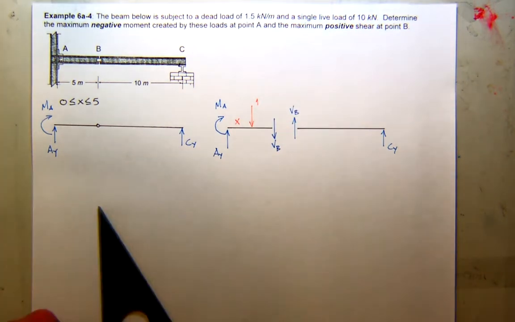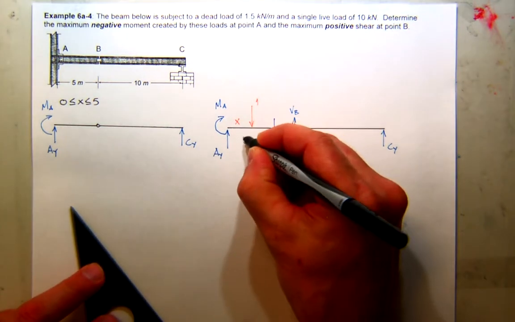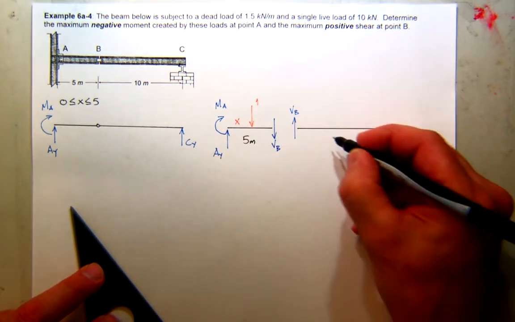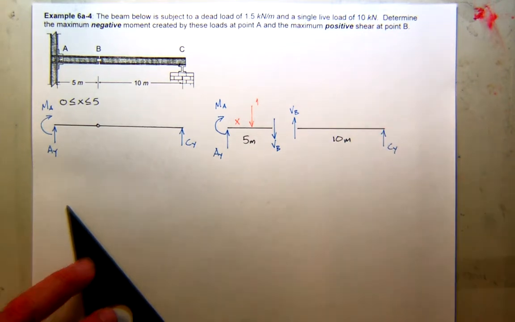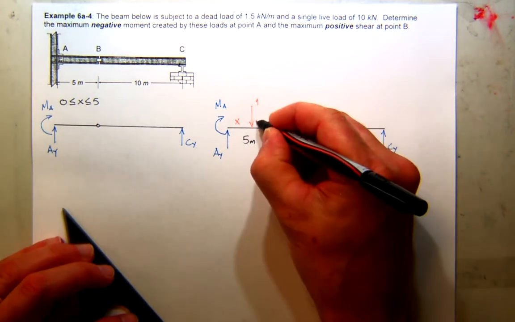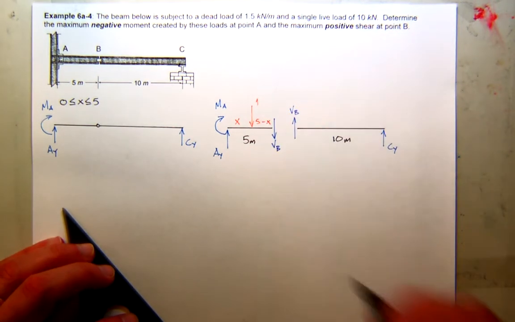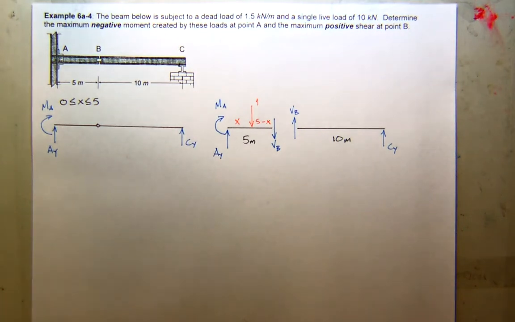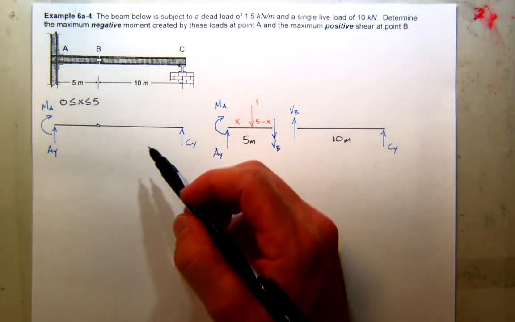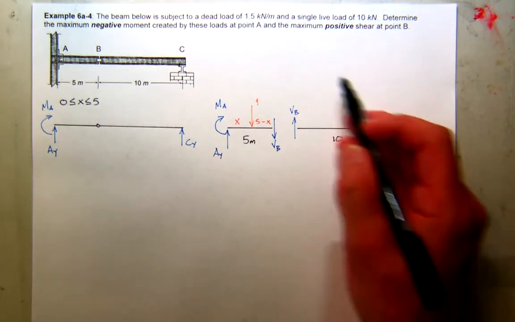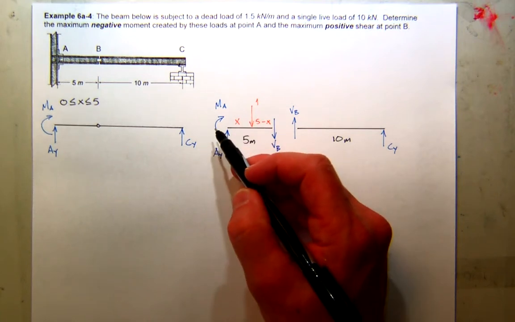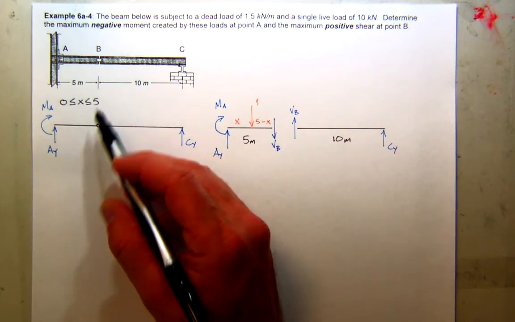That's x. This would be 5 meters. This side is 10 meters. So the distance here would be 5 minus x from the cut, if I need to know that. I'm going to look at these two free bodies and solve for the moment at A, and that will be valid for my unit load between 0 and 5.